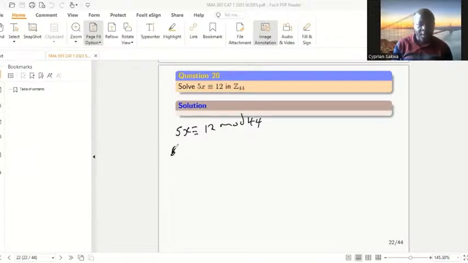So by Euclid's, and I know that at the end of this you have understood this whole concept because you're doing the same way every time. So 44. 5 will go there 8 times, and the remainder.